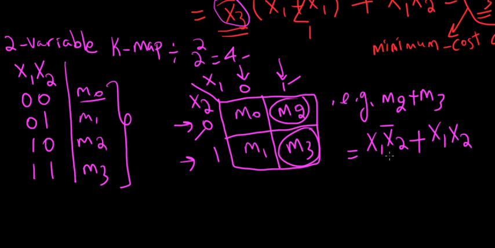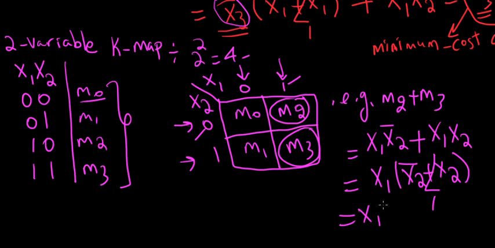So basically, the example is M2 or with M3. Now, if we want to simplify this, we take X1 as your common factor here, and X2 or with X2 bar, just like we did earlier, we end up with X1. So you can see that we can simplify it to a nice one input variable. So that's if you want it to be either M2 or M3.